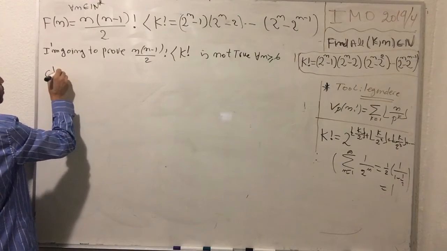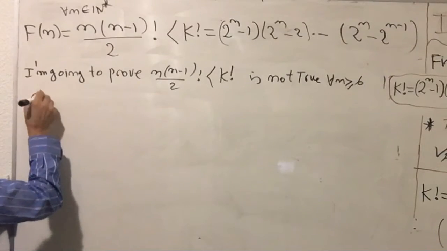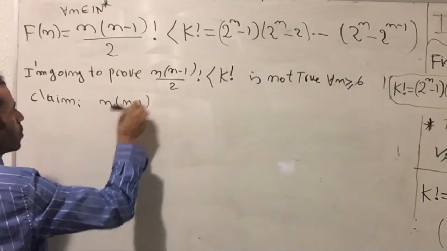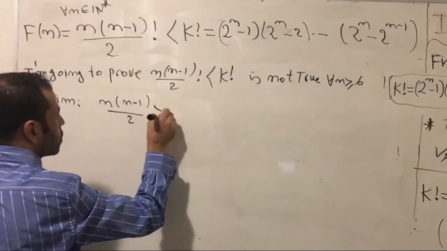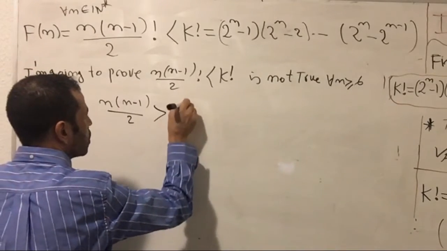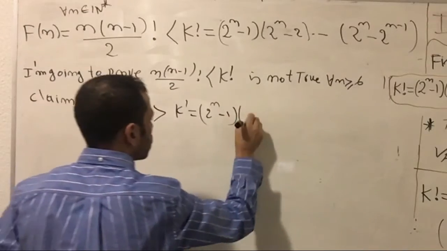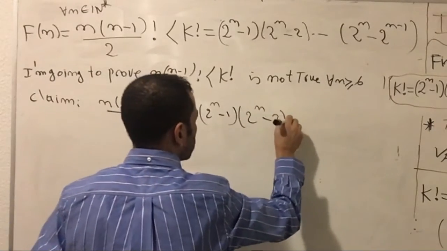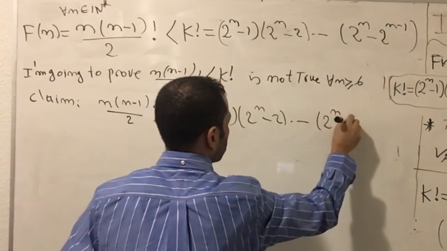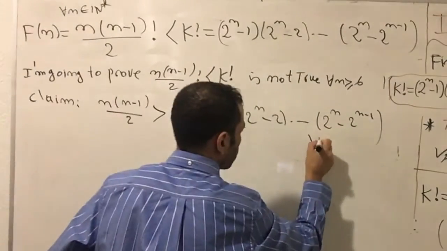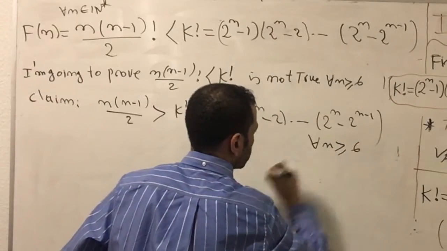Let's claim: n minus 1 over 2 is greater than or equal to k, which equals n minus 1 times n minus 2, down to n minus 1, for n greater than or equal to 6.